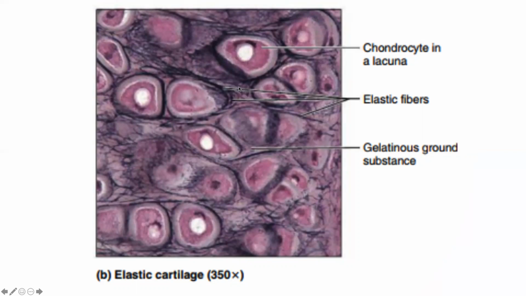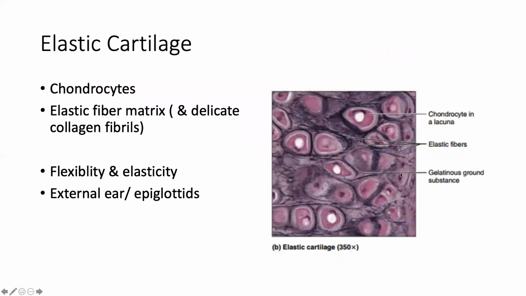These fibers make the matrix, and the matrix is made of these elastic fibers and the gelatinous ground substances, which are proteoglycan and glycosaminoglycan. Elastic cartilage chondrocytes will have elastic fibers. These fibers are delicate and are for flexibility and elasticity.